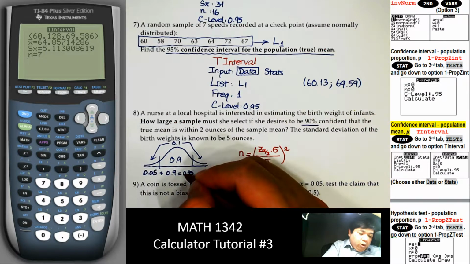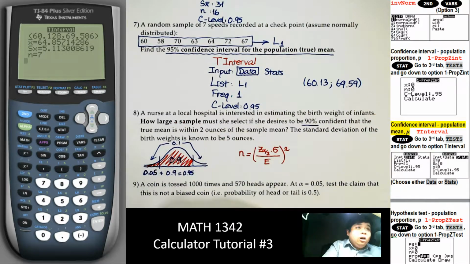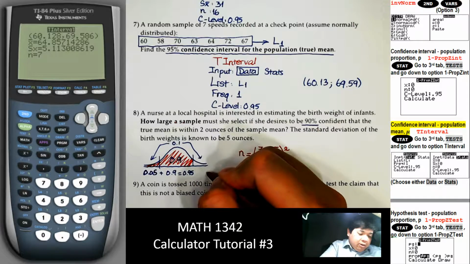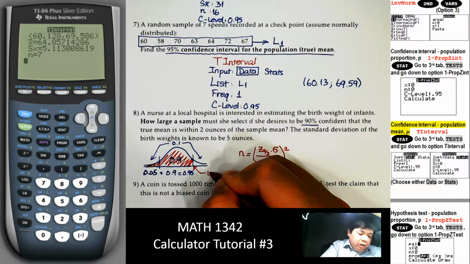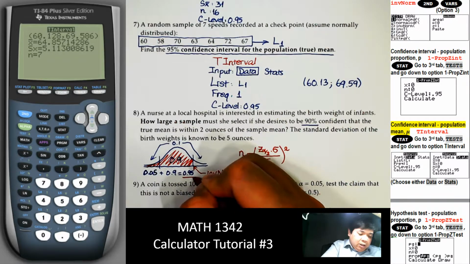So 0.95 will be the area on the left of these z values. So inverse normal of that.